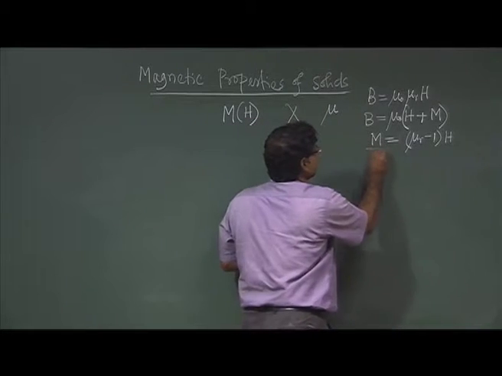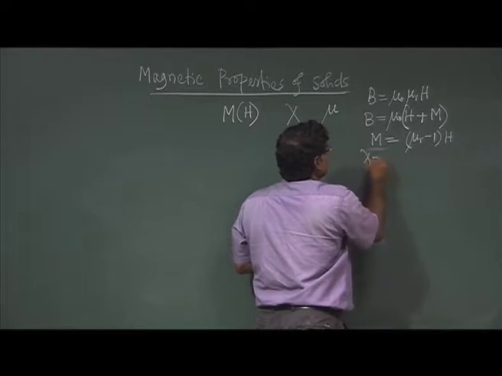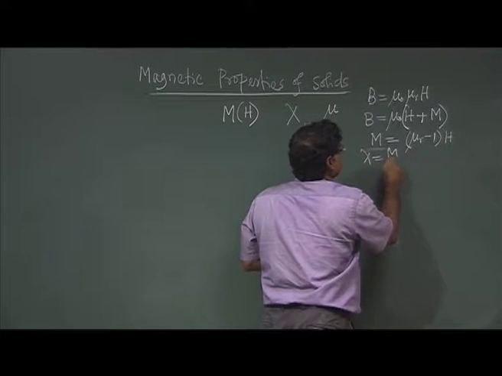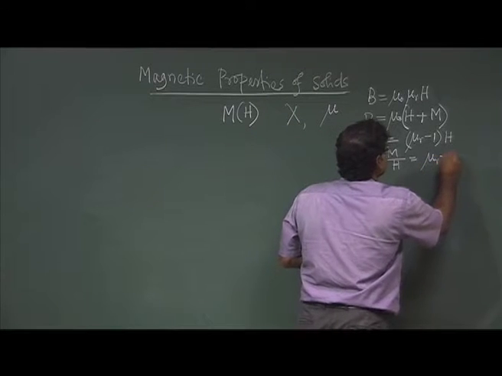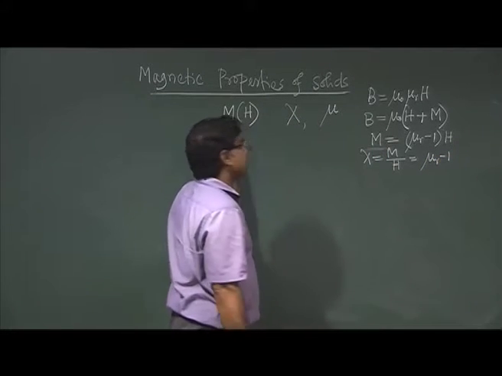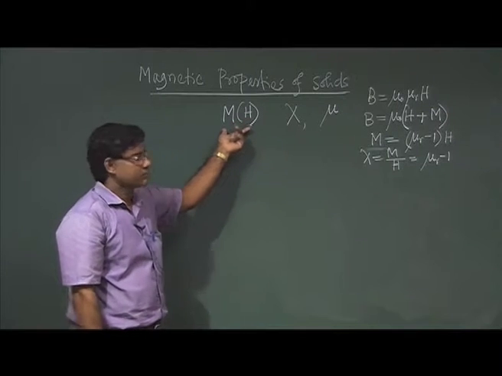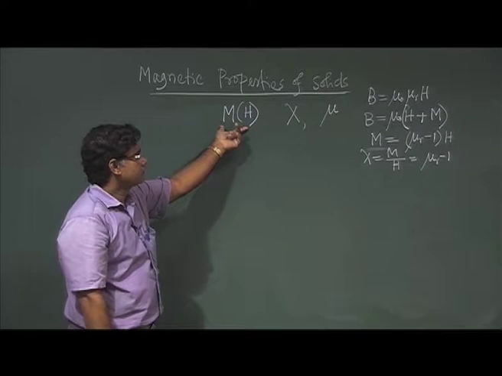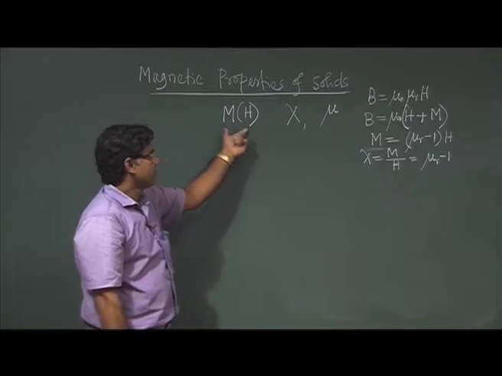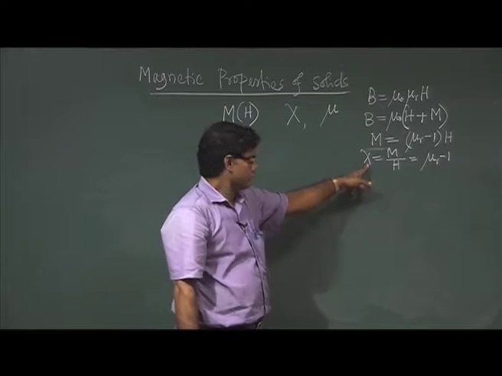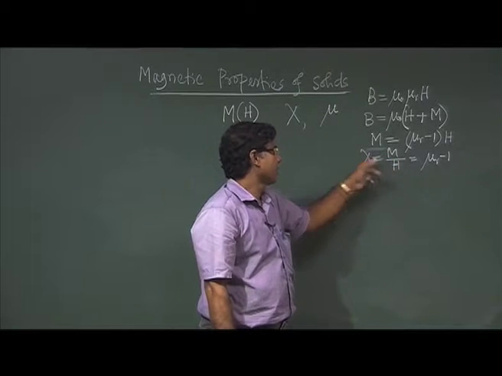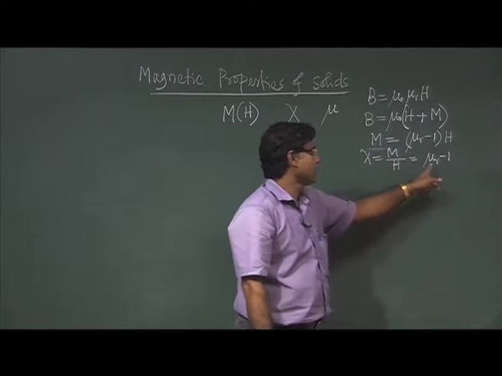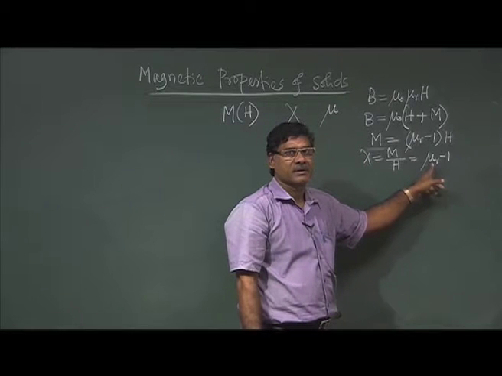So, then chi equal to M by H, that is mu r minus 1. So, if I measure the magnetization as a function of magnetic field, I can find out chi, M by H. If I find out chi, you will get the permeability of this material.